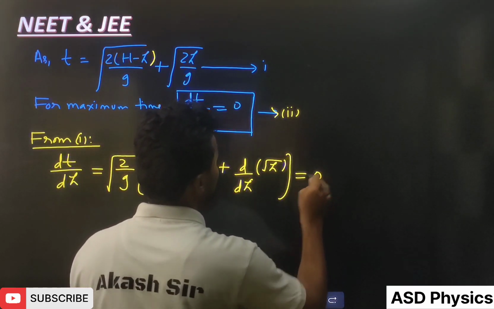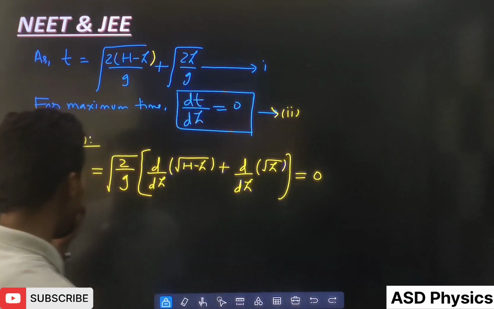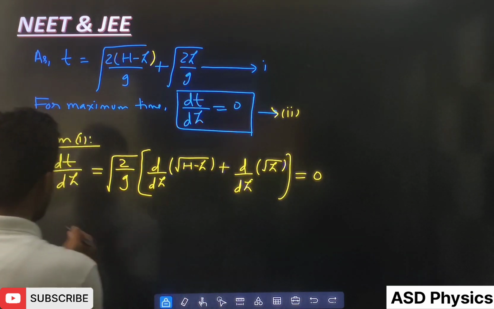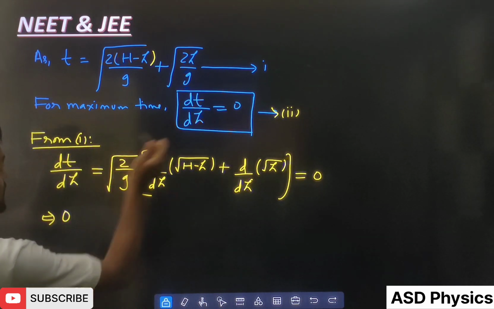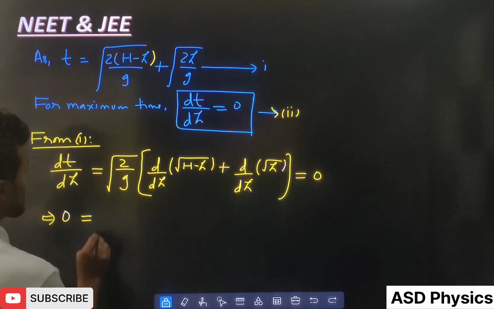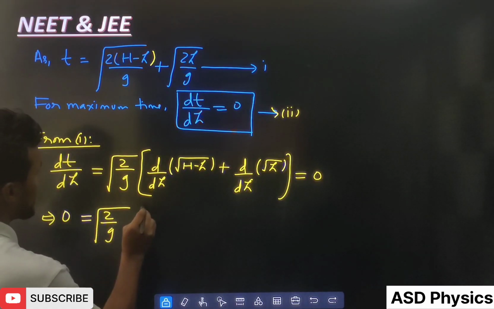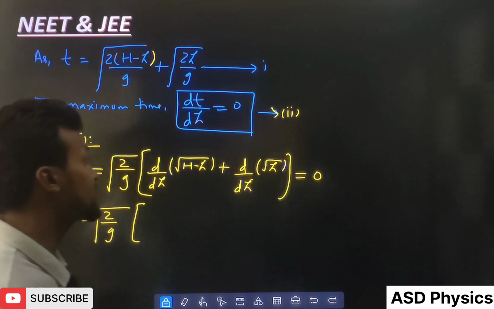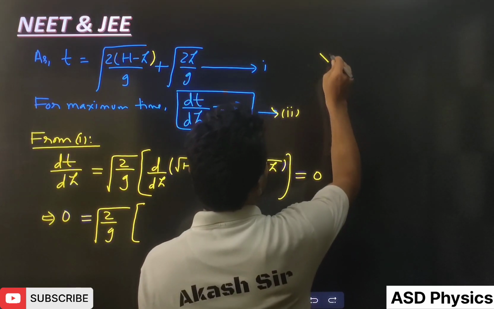And this should be 0 only, from equation 2. So you can write root 2 by g, and here what is the d by dh of root of (H minus h)? For that you should know one formula.